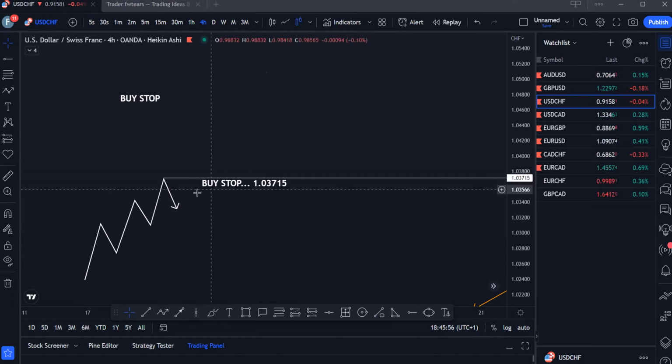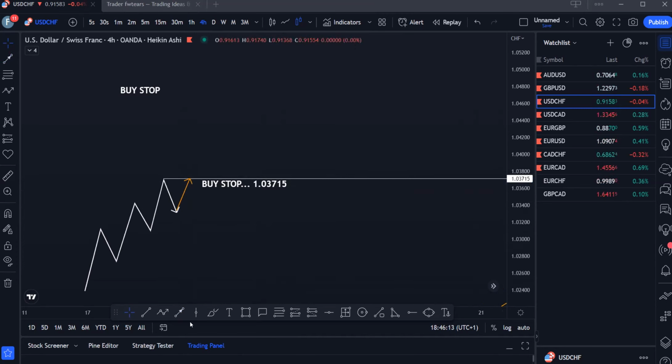So when you set your buy stop, as soon as price starts going up, like so, as soon as price gets to this price, which is 1.03715, immediately you'll be entered into the trade for a buy. A trade will be opened on your behalf for a buy.